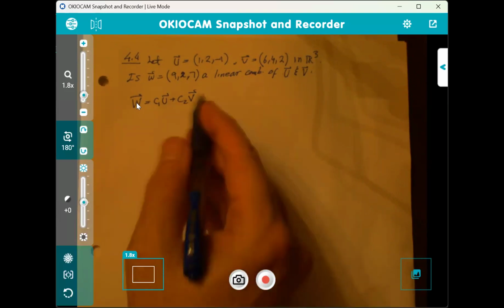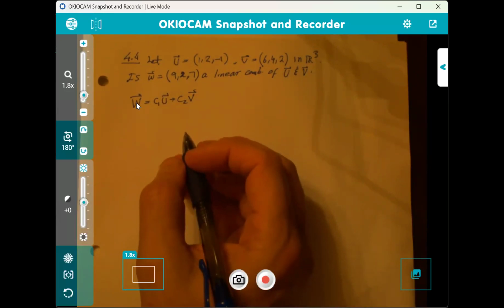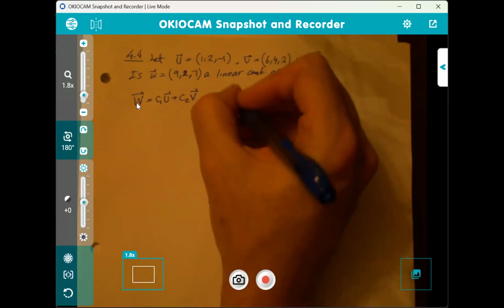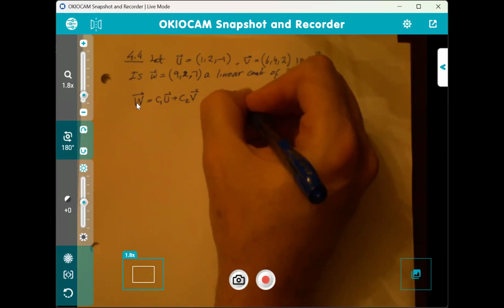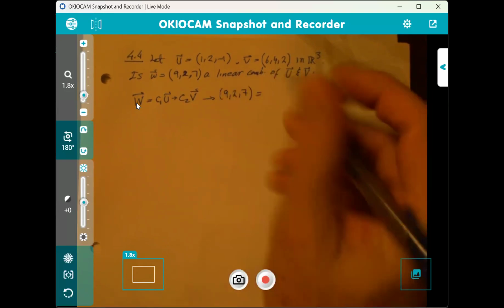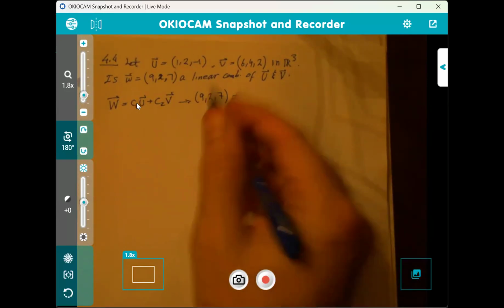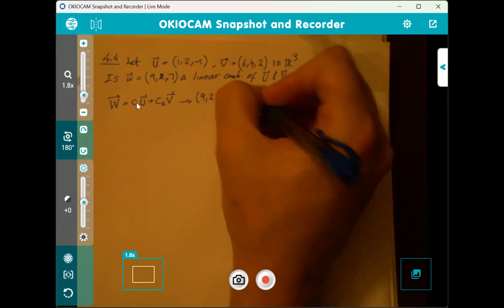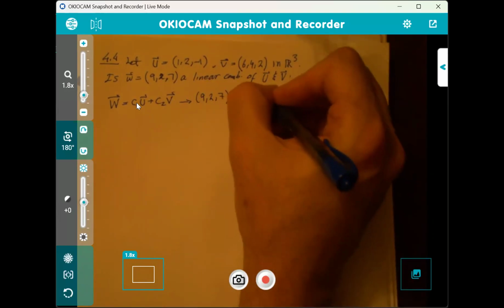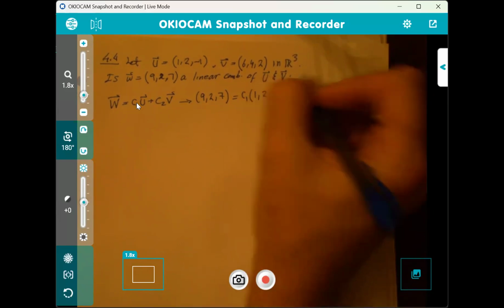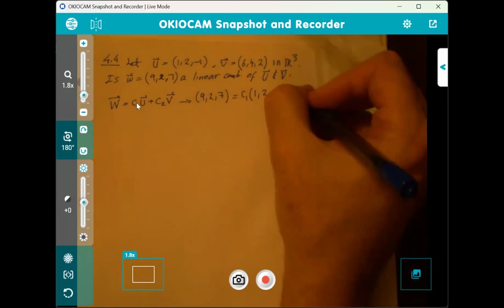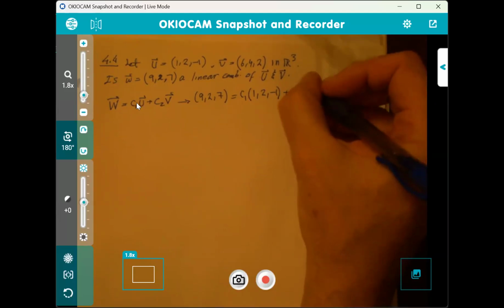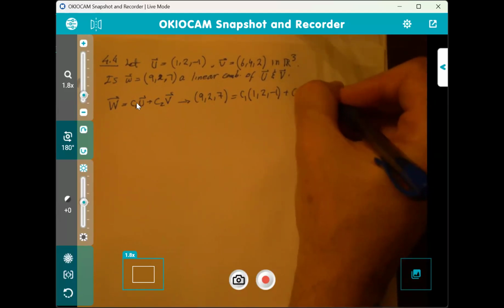So on the left, I have my w, which is (9, 2, 7). Is it possible for it to be equal to c1 times u, (1, 2, -1), plus c2, a different, possibly the same but possibly different constant, times (6, 4, 2)?